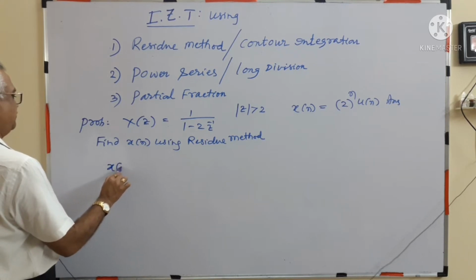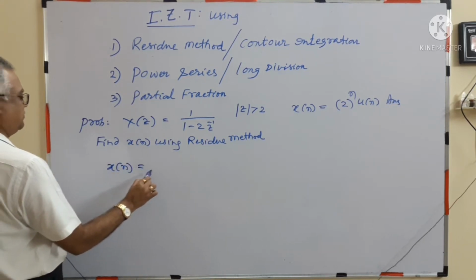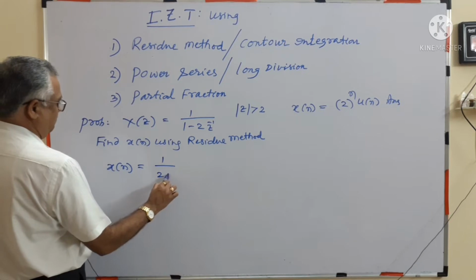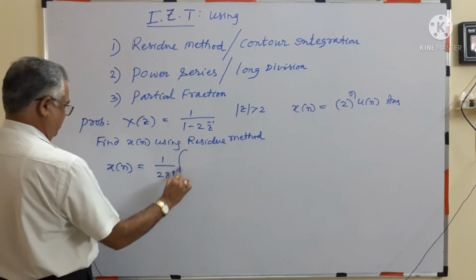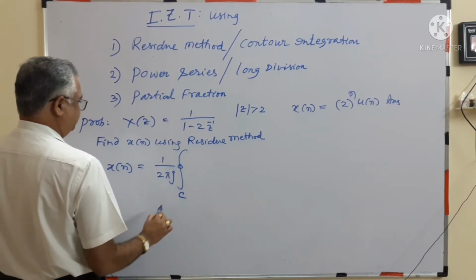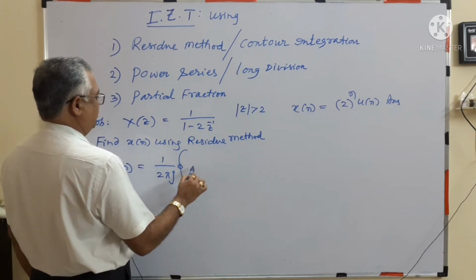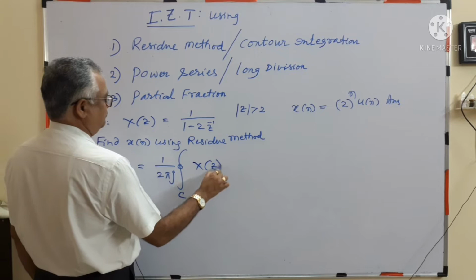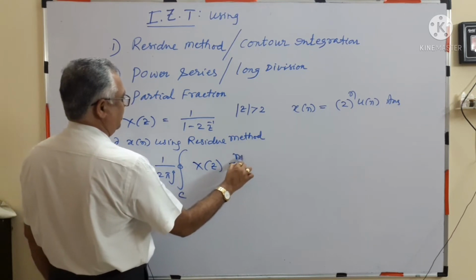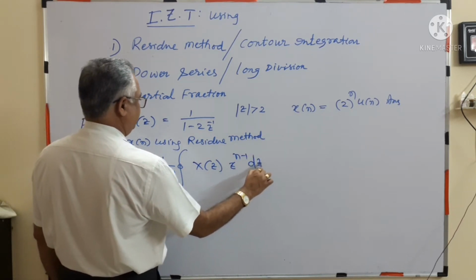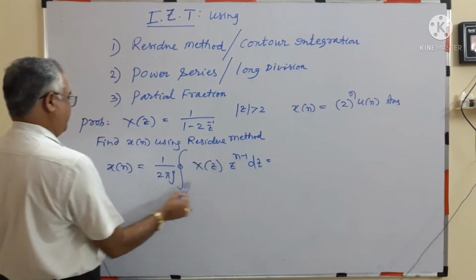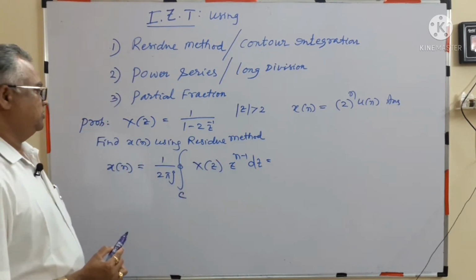So what is X of n formula? Inverse Z transform: X of n is 1 by 2 pi j closed integral X of z z power n minus 1 dz. This is the formula for X of n.